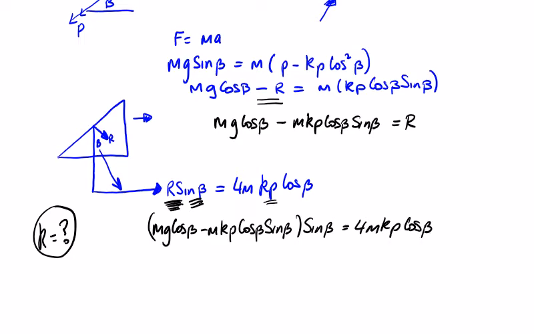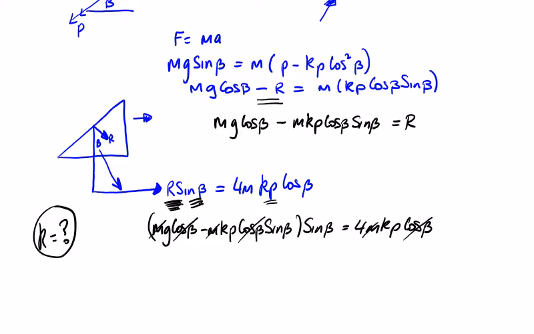So you just have to be patient with these questions. Normally a sine squared and a cos squared appears, and if it doesn't, we probably try and get one in there to help us simplify it down. Now, what does every term have? Every term has a cos beta. We can see that. So we should be able to cancel off these cos betas. Does every term have an m? It does.